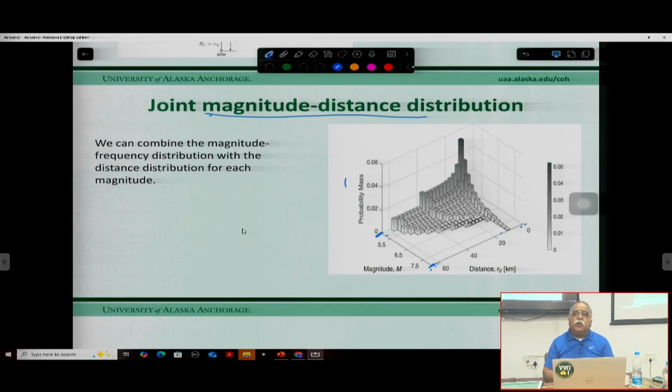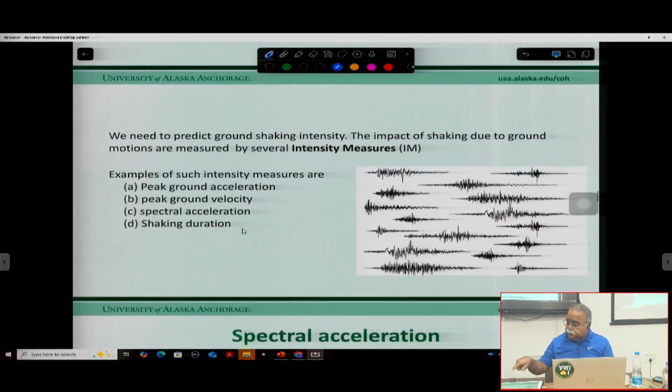So we need to calculate that based on the data. So that is your probability thing.